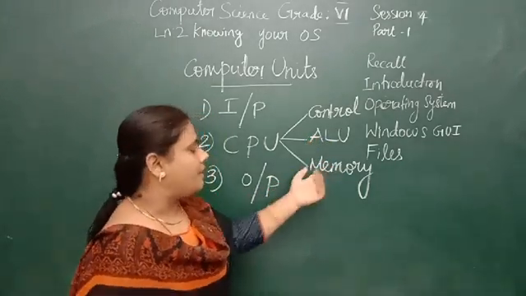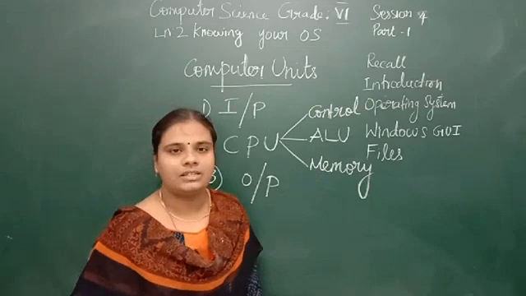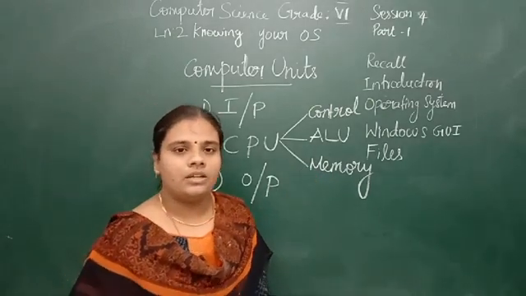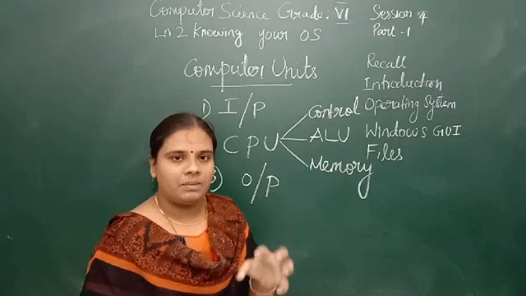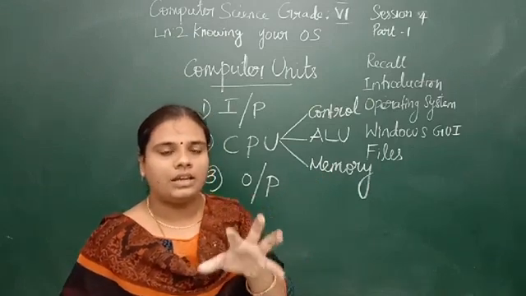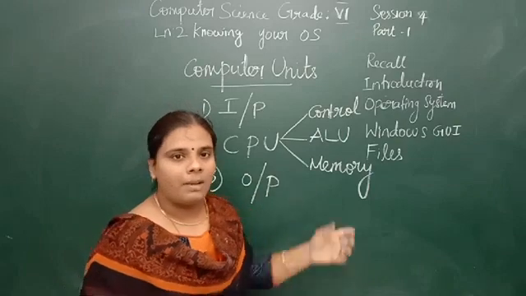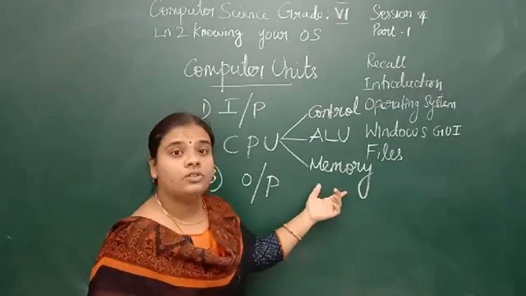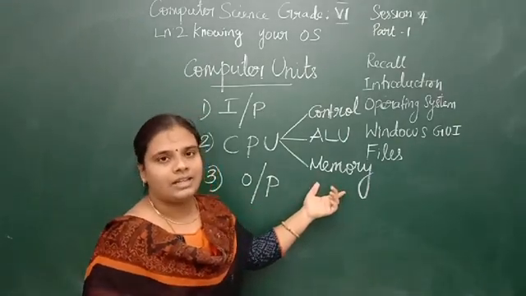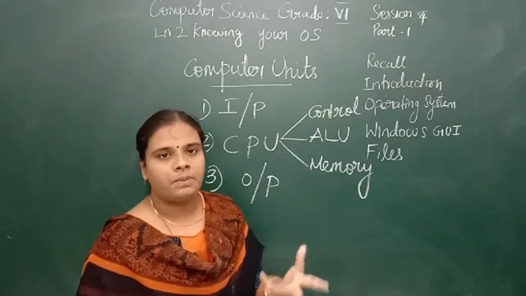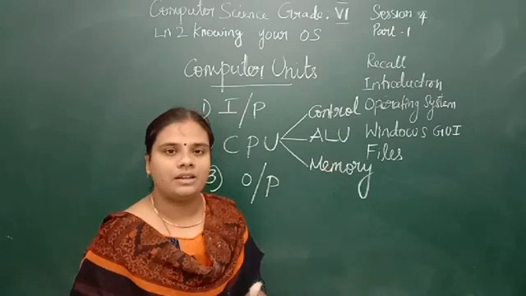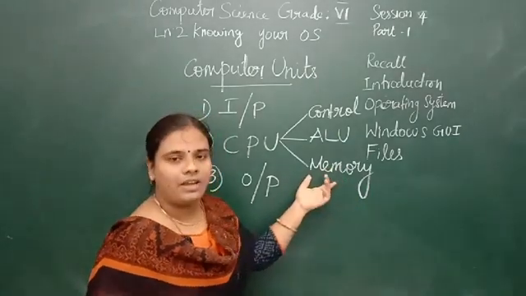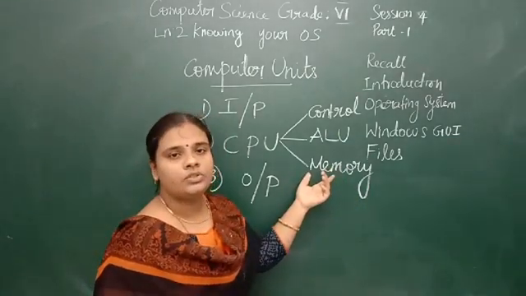Finally, memory unit. What is that? After getting input from the keyboard, the CPU stores that input in the memory. So the memory unit is used to store data. I said data means text, pictures, video, numbers. These all come under data. This memory unit is used to store data.